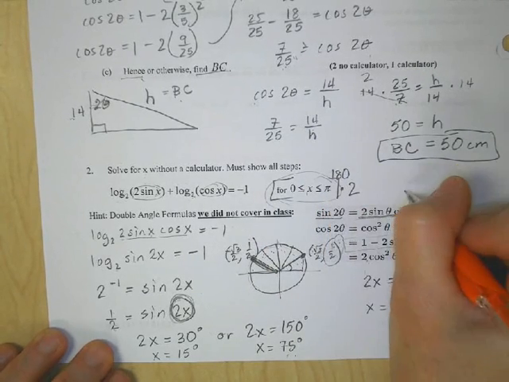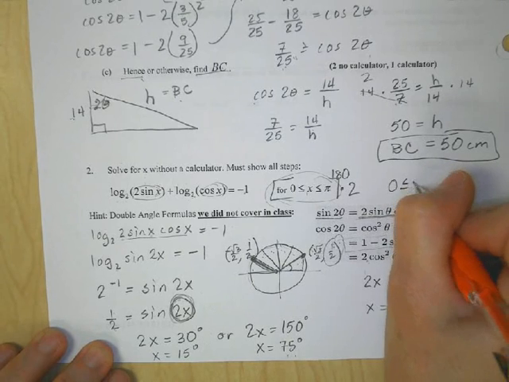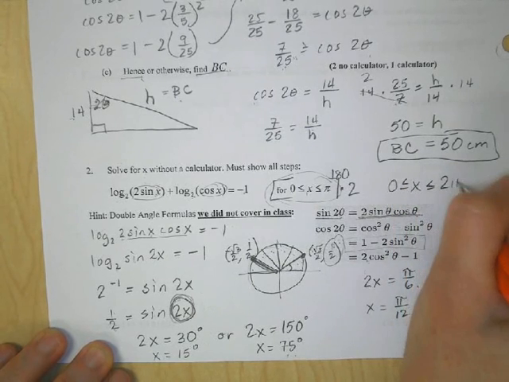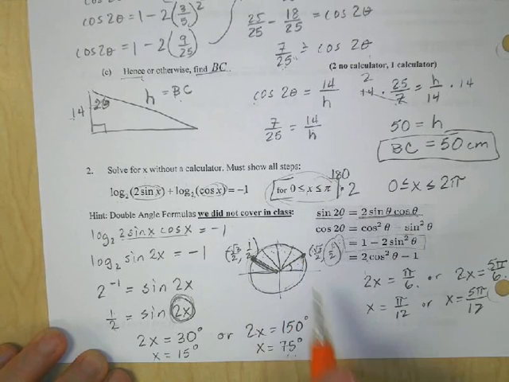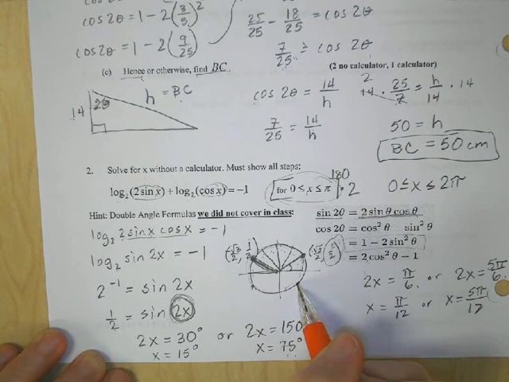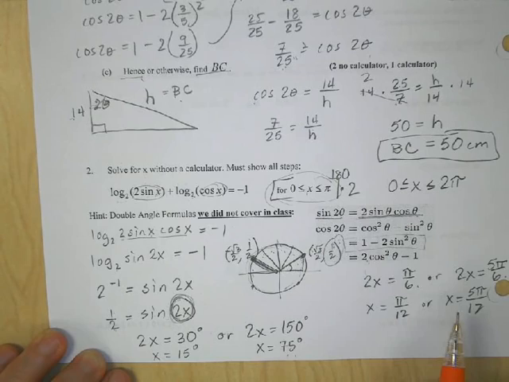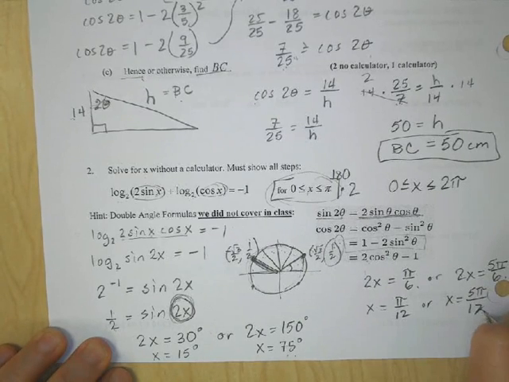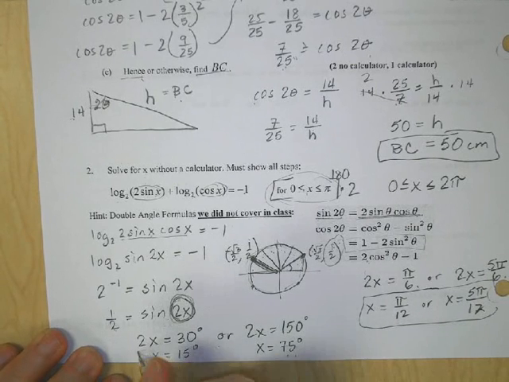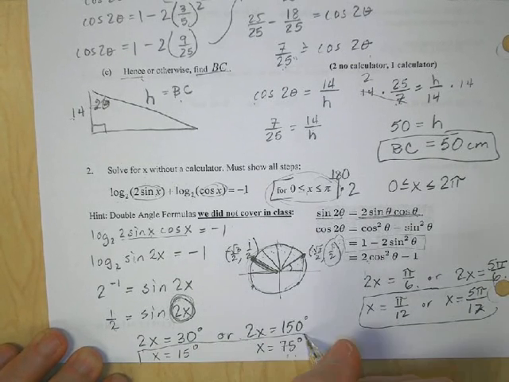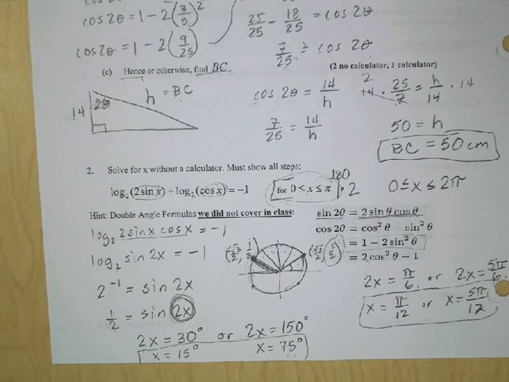But if we do go all the way around the circle, we're not going to find any more sines equal to 1/2, because this one is negative 1/2 and this one is also negative 1/2. So these are the answers. Here they are in radians, pi over 12 and 5 pi over 12, or in degrees, x is equal to 15 and 75 degrees. And there it is.